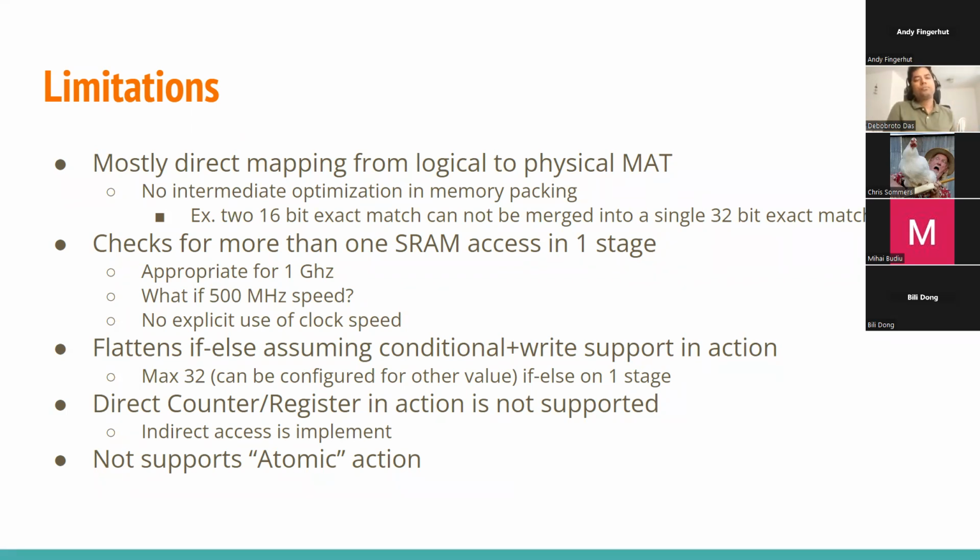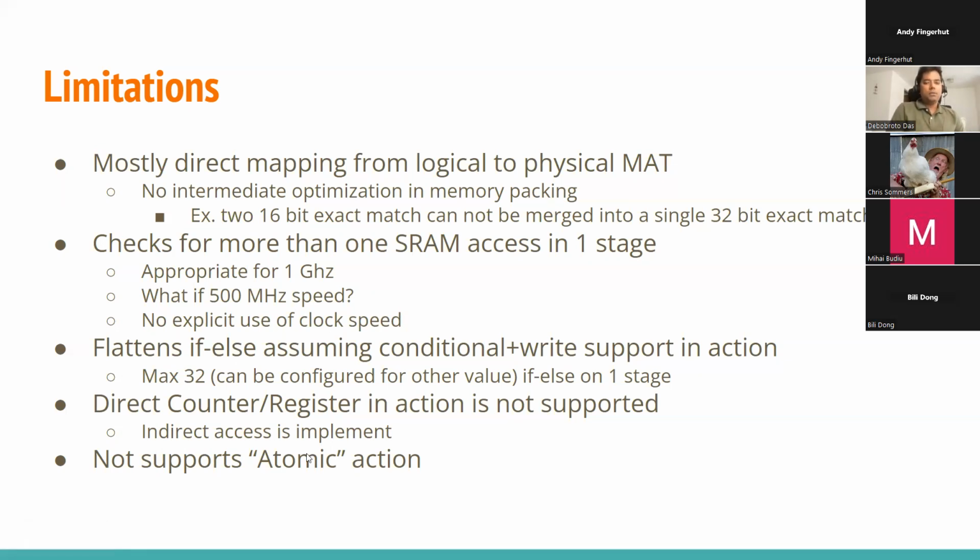So I have kept a fixed header field for carrying the branching conditions to the next stage. You can configure the width of that, but at this moment, it is 32-bit. So at every stage, you can carry the result of 32 if-else conditions, and based on that, you can do some branching on the next stages. But this is configurable, so you can increase it.